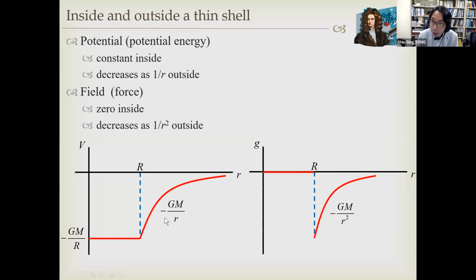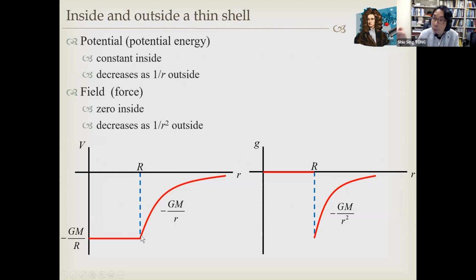Now, how about the potential? The potential is an integration of the field strength from infinity to R, and it becomes minus GM over R outside. It is inversely proportional to R, so it decays slower, and also negative. So it goes like this. And inside the shell, the gravitational potential is a constant because there's no force inside. Now, if you integrate from infinity to the surface of the shell, you get this potential.